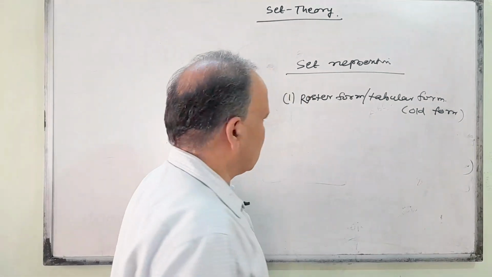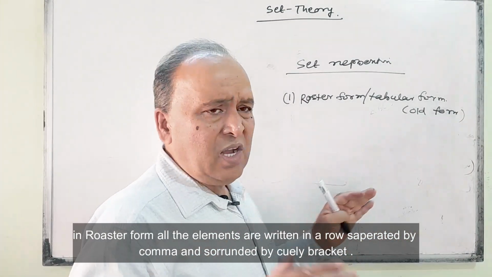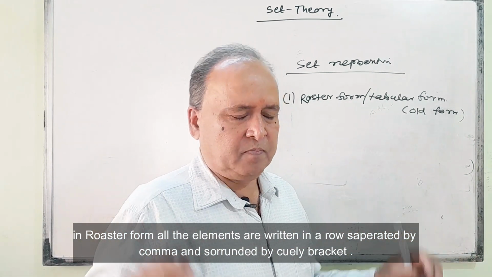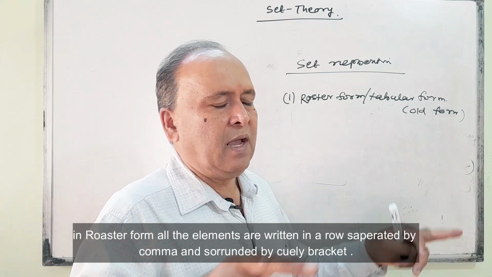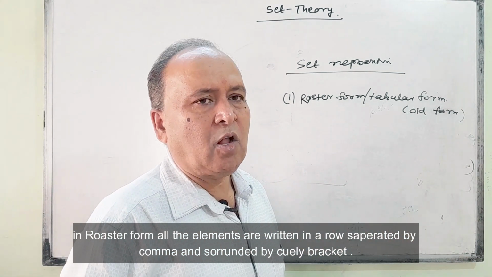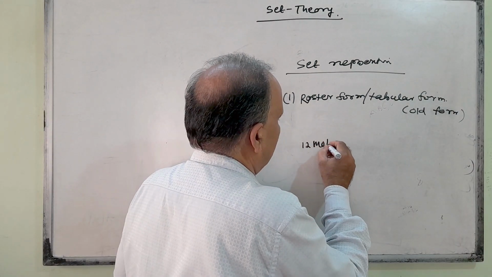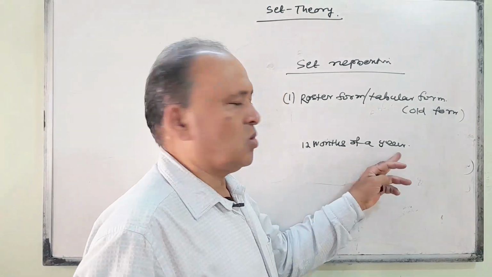In a roster form, all the elements are written in a row, separated by commas, and surrounded by curly brackets. Suppose the 12 months of a year. Somebody will ask you to write it in a roster form.